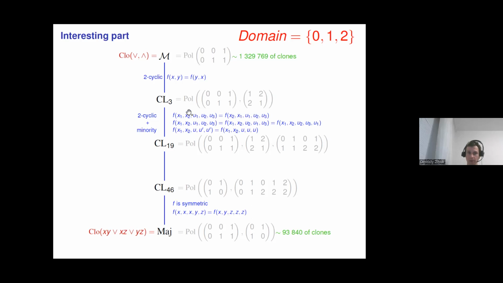So on the first two variables, it's symmetric two-cyclic. On the next three variables, it's minority. And this distinguishes these two clones. And another nice identity distinguishes these two clones. Okay, that's the picture we have somewhere in the middle. And in my opinion, it's also very nice. You can play with concrete examples of clones.